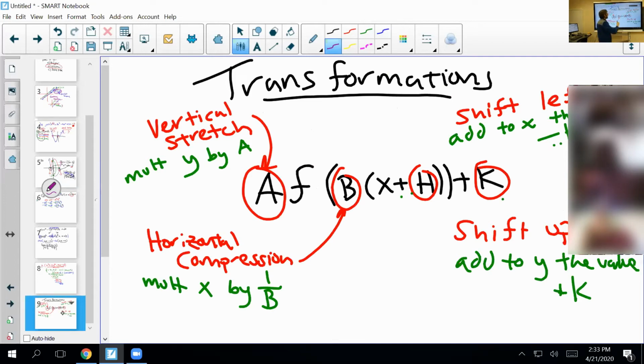And if we're subtracting h in the formula, that means we're shifting to the right. And that opposite is because you're trying to get back to where you kind of were originally. And the same principle works for b. So this slide is the key information that we need to do these problems.